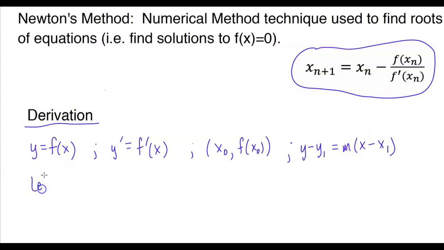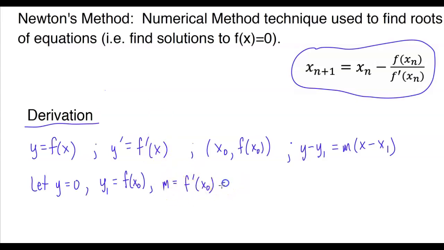So we're going to do the following. Let y equal 0. We're also going to let y sub 1 be f of x sub 0. We're going to let m be the derivative of our function at x sub 0.